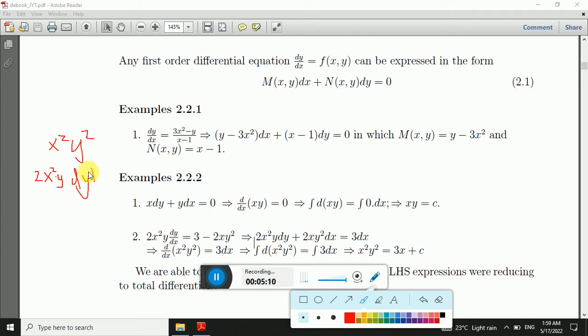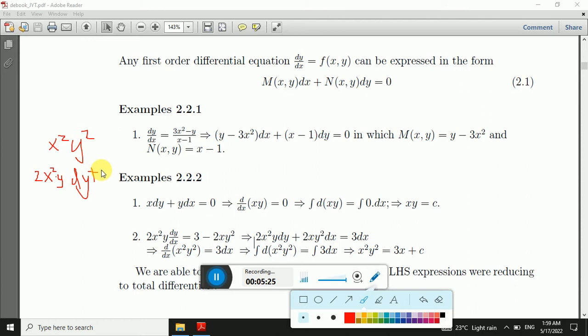Then plus, now, so first we maintain this and differentiate this. Now, second, let's differentiate the x and maintain y.